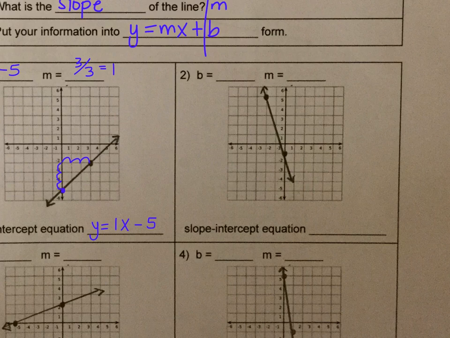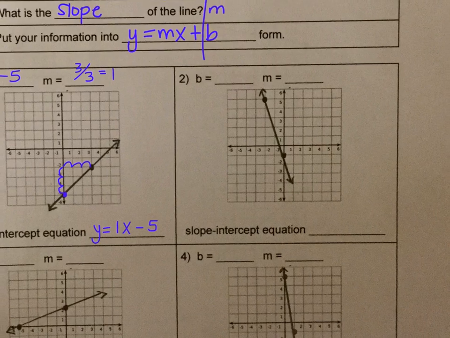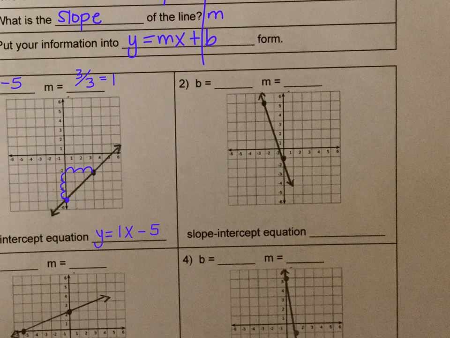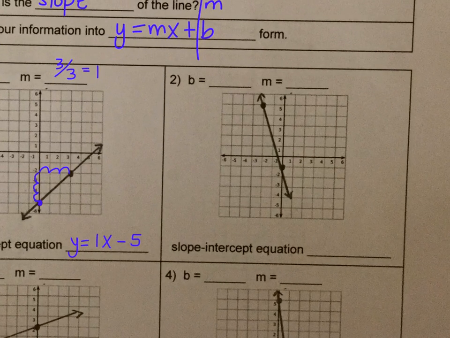Let's look at number 2. Just looking at this, I know it's going to have a negative slope, so we need to keep that in mind. First, we need to find our b. That's where it crosses the y-axis, and that's down at -1. Right there, -1. Now let's see what our rise and run is. 1, 2, 3, 4, 5, 6. Rise 6. 1, 2.